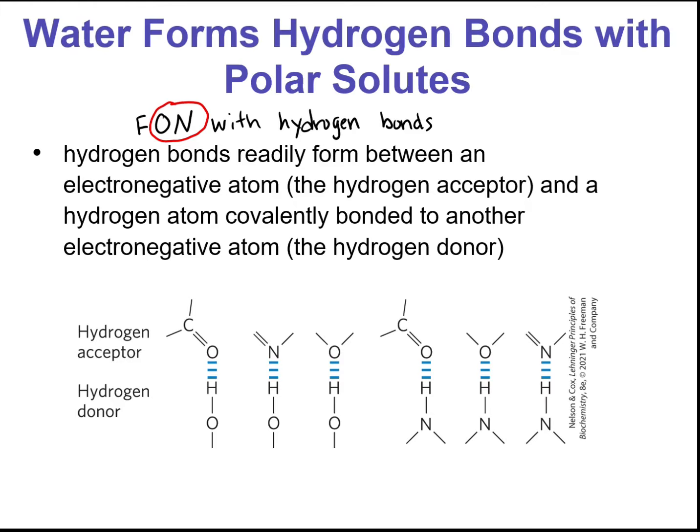So in this case, the oxygen or the nitrogen. The donor is always going to be a hydrogen from water, or it could be attached to another molecule or another atom like a nitrogen. We're going to talk about some of the different macromolecules that participate in hydrogen bonding.